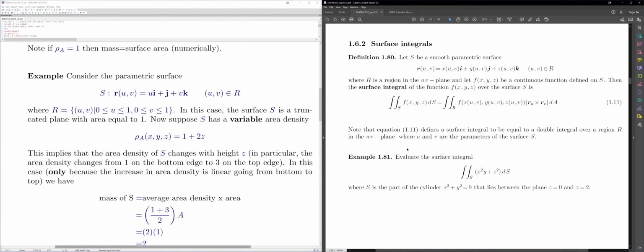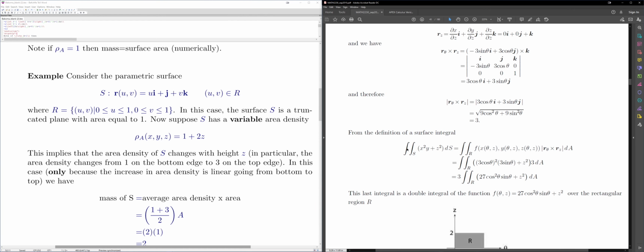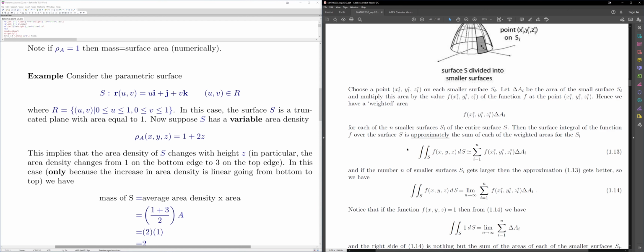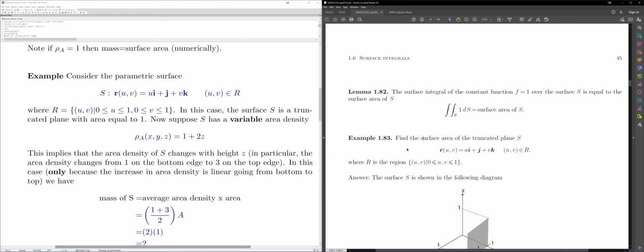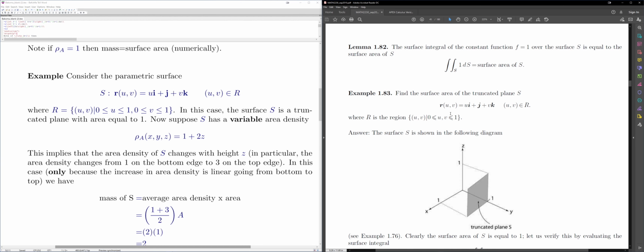Now, we actually saw that parametric surface already. It's the same one: r(u,v) is u i plus j plus v k, with the parameter values between 0 and 1, and it's the same truncated plane.